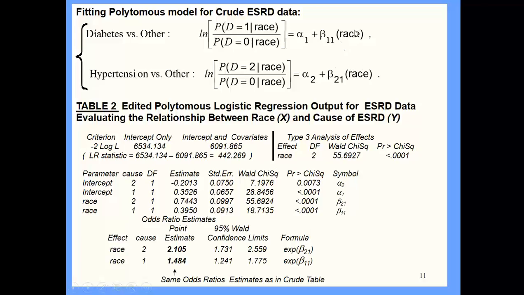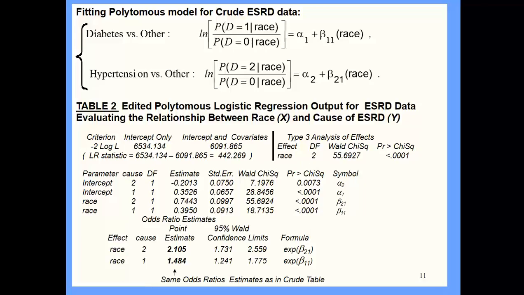The model that doesn't have these 2 variables is the intercept-only model, for which the computer gives you -2 log L of 6534, and for the intercept and covariates, when these things are in there, 6091.865. You take the difference between these 2, you get 442 with 2 degrees of freedom, highly significant.